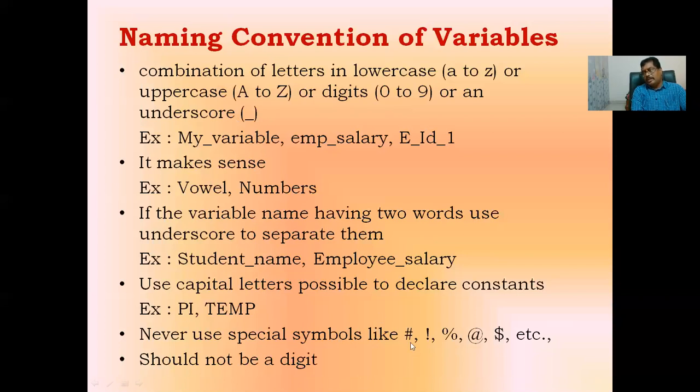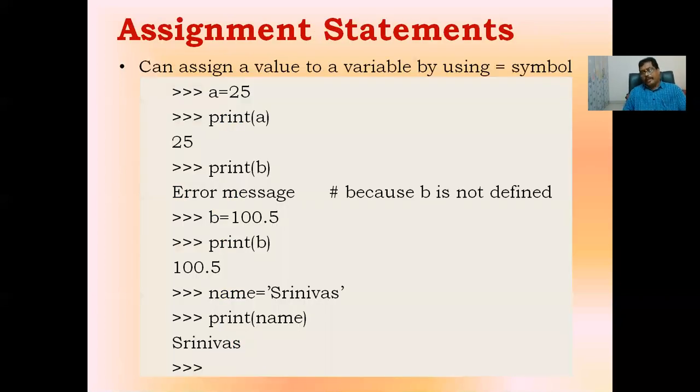Because of that reason, it won't accept this type of special characters, and it should not be a single digit. Suppose you specify the variable name as 1, simple number 1, it is not acceptable. Those are all the naming conventions of the particular variables or constants.